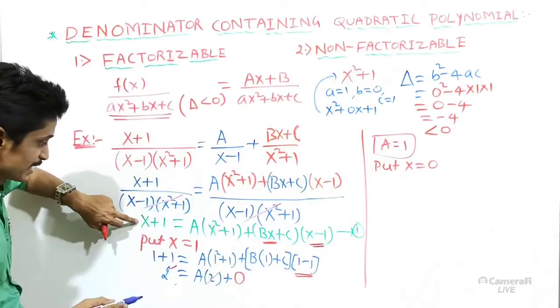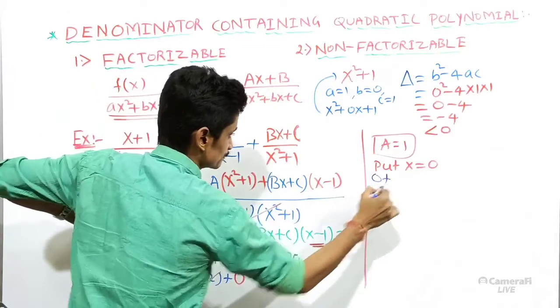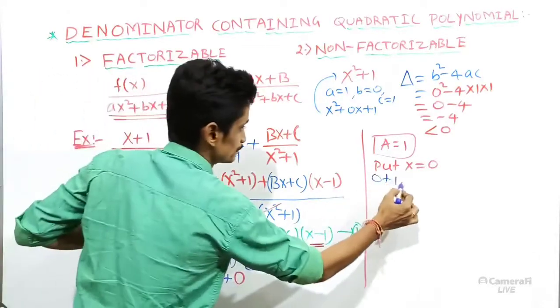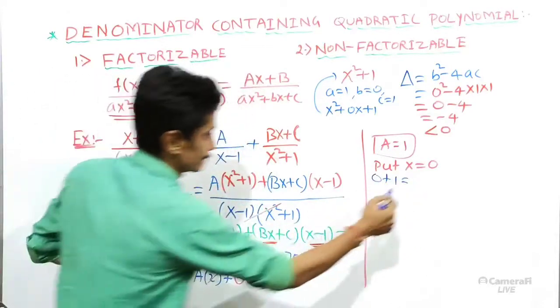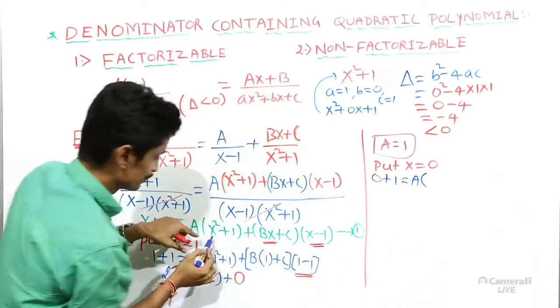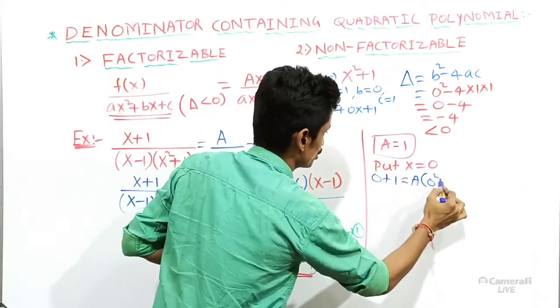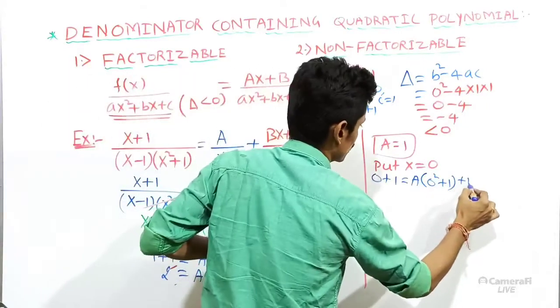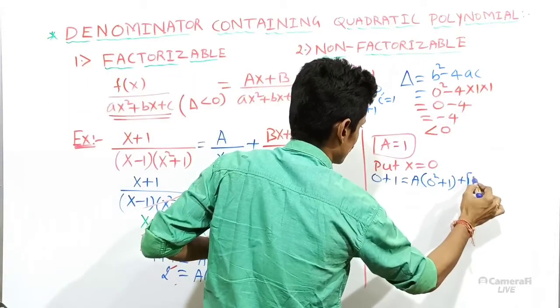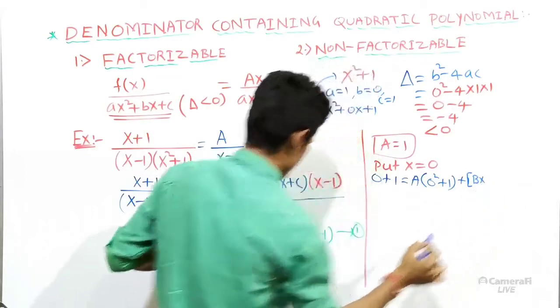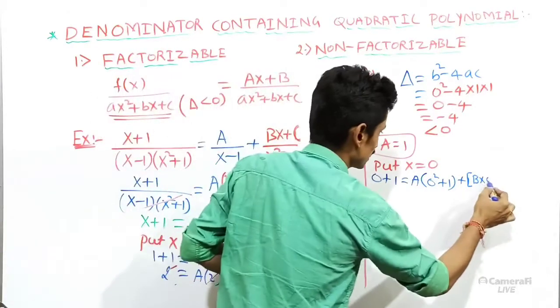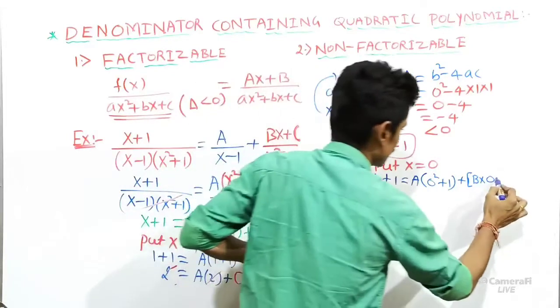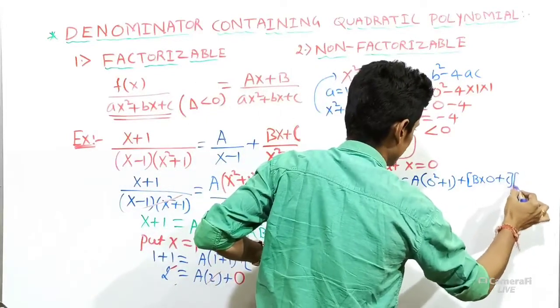What should we get here? 0 plus 1 equal to a into, wherever x is there 0, 0 square plus 1, plus inside the bracket b as usual into wherever x is there 0 plus c, closing bracket.